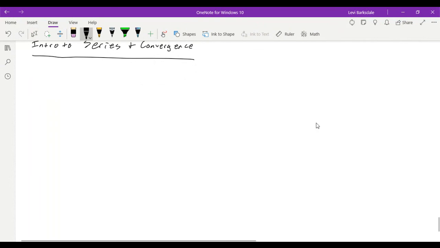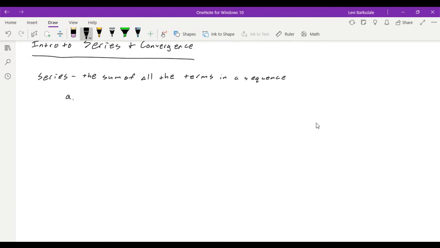So we'll start off with what a series is. To put it simply, it's the sum total, the sum of all the terms in a sequence.